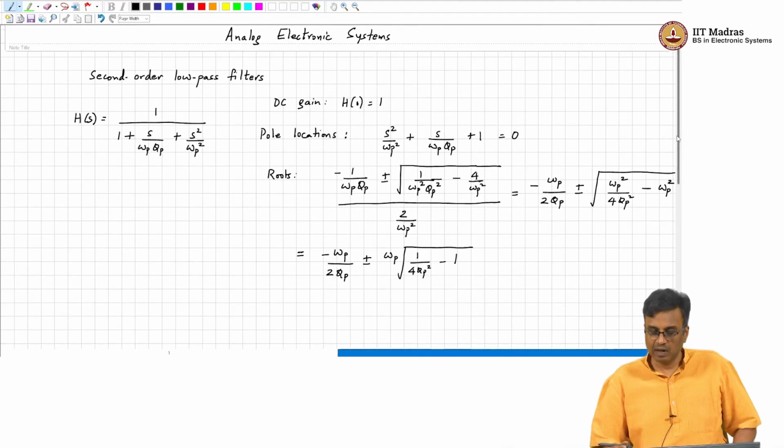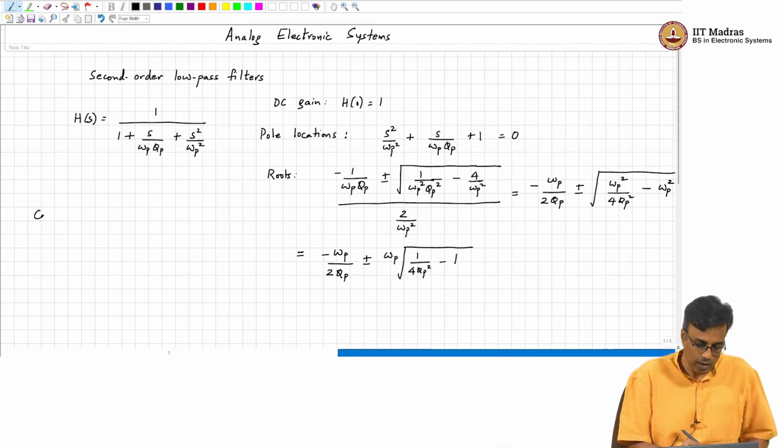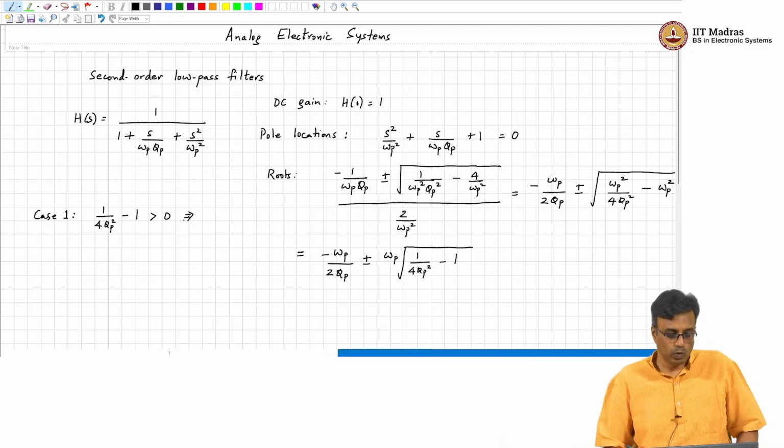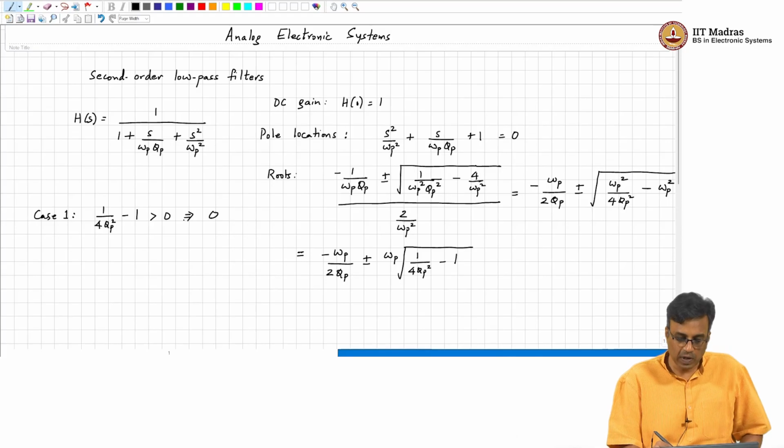Okay, three cases arise now. Case 1 is when 1 by 4 Q p squared minus 1 is greater than 0, it's positive, which is equivalent to saying Q p is less than 1 by 2.